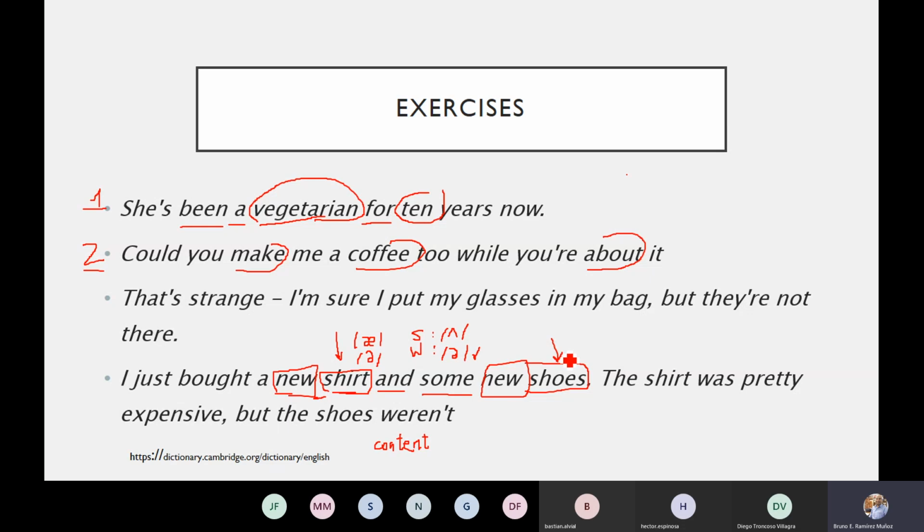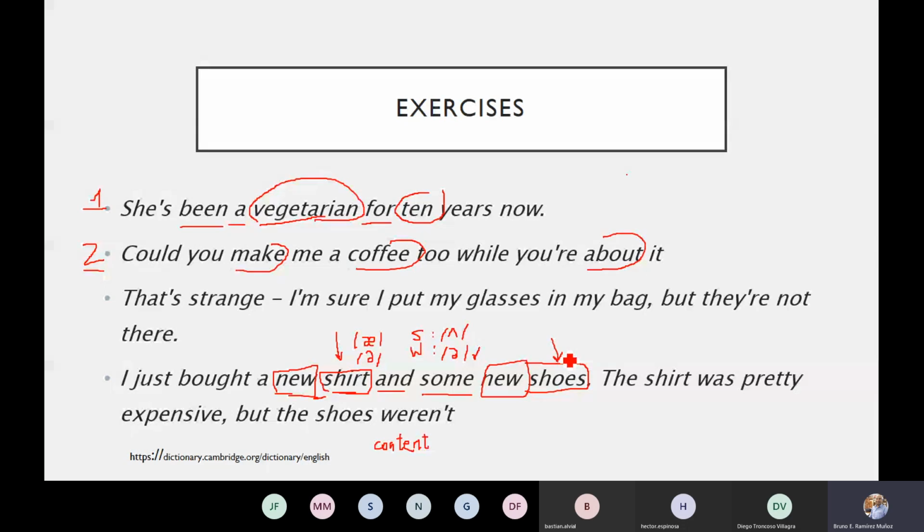It's not ties, it's not sweaters, it's not pants, it's not belts, it's shirt and shoes, the thing that you're discussing. But in general terms, without the specific emphasis, new and shirt, new and shoes have roughly the same amount of emphasis.